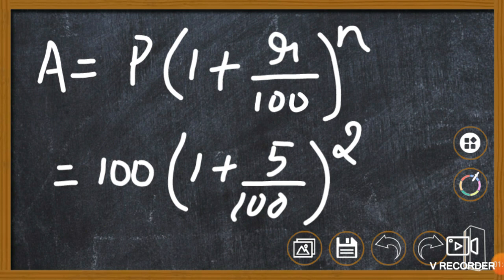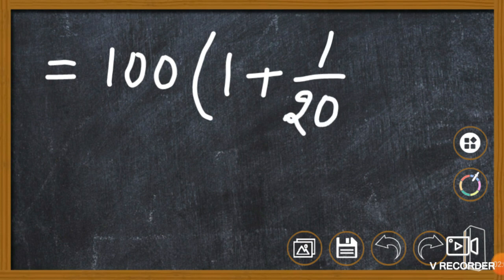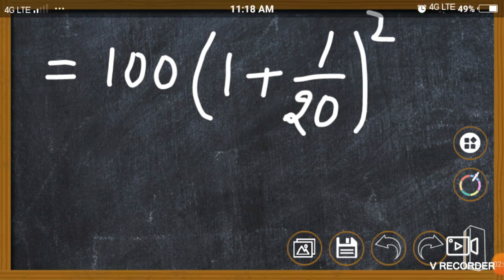Let us proceed with the next step, that is calculation and simplification. It is equal to 100 into 1 plus 5 by 100, which can be written as 1 plus 1 by 20, whole square.